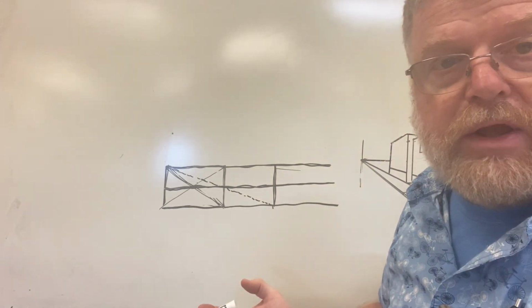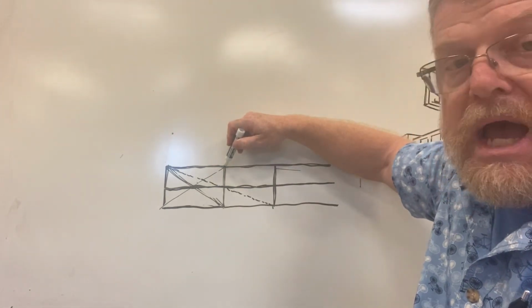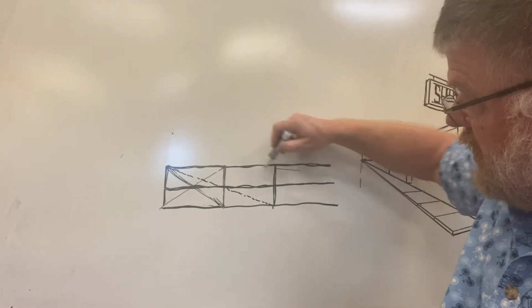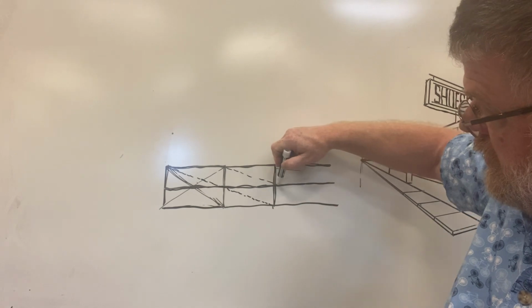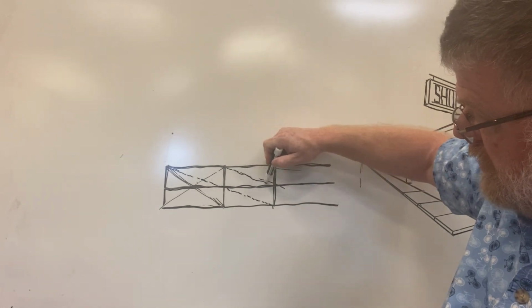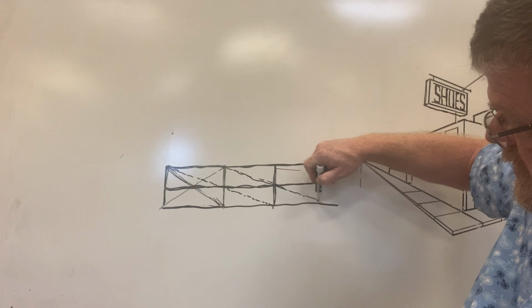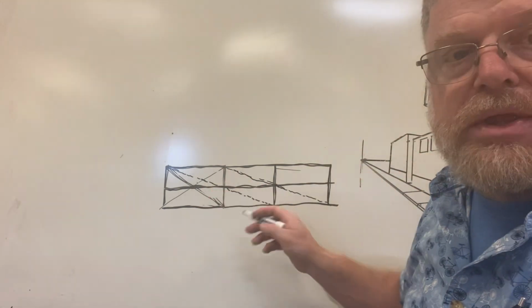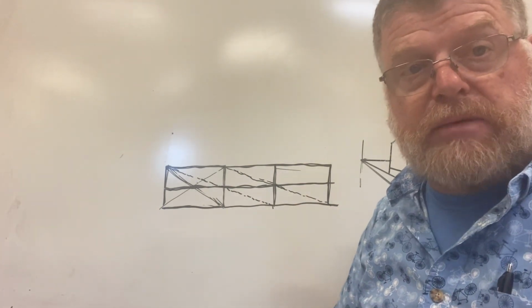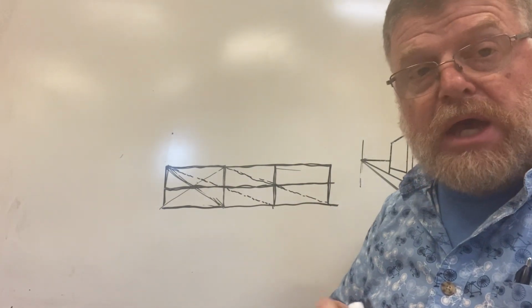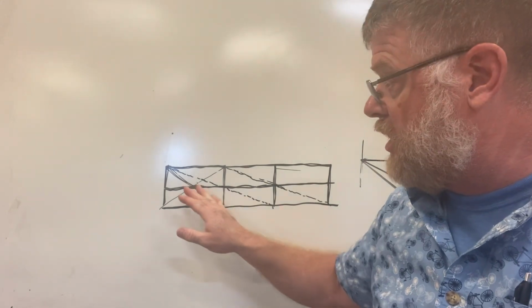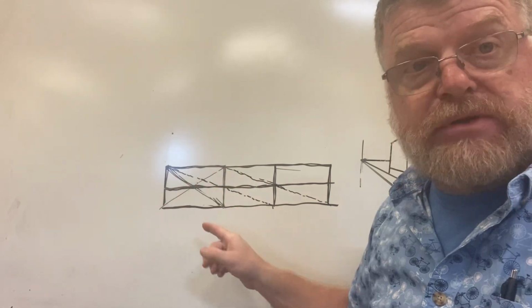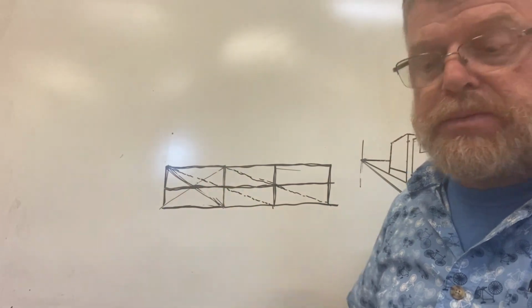Then to find the fourth post, we go from the top of the second post through the middle of the third post, and wherever we hit the ground, again, I'm not using a straight edge, I really need to, would be the fourth post. And all of these would be spaced out the same distance, because if it works on a flat piece of paper, like the X to find the middle, we can do that in perspective.